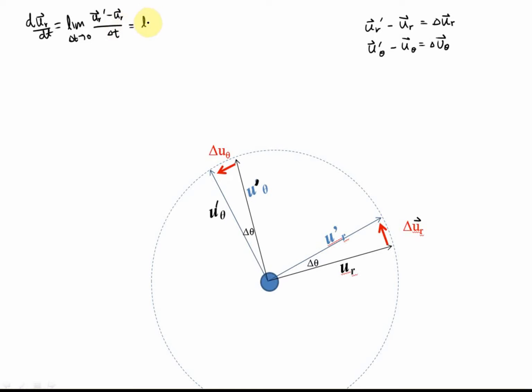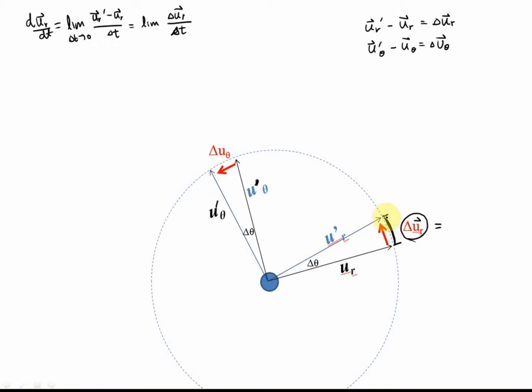So that means this is the limit of delta u r over delta t. And if delta theta is very, very small, this length should be close to the length of this arc.